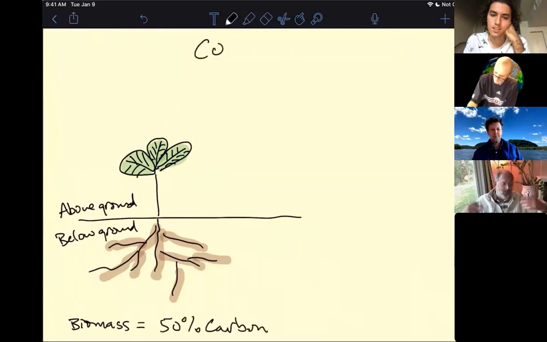The rest of the plant is nutrients and water and other stuff in the cells. But most of it, about 50%, ranges from 51 to 55% of a plant is carbon.